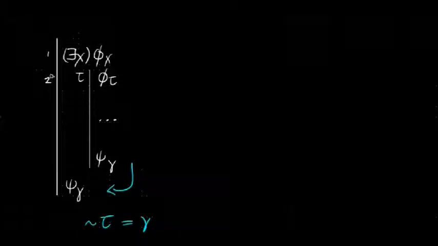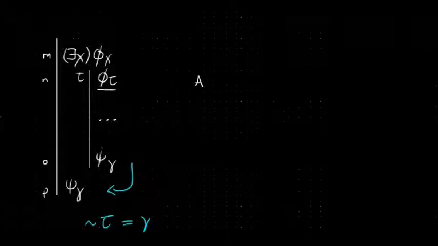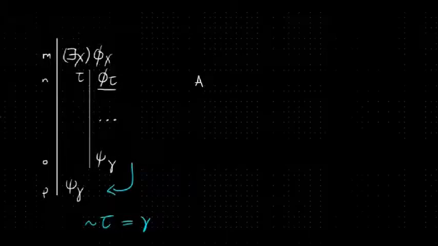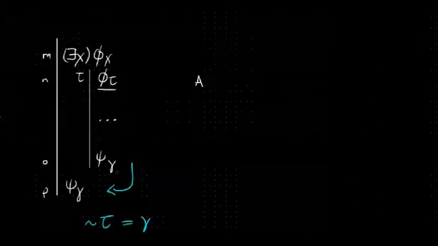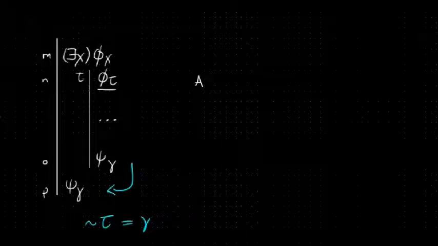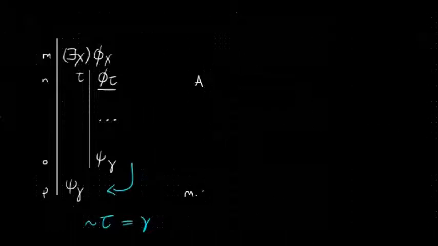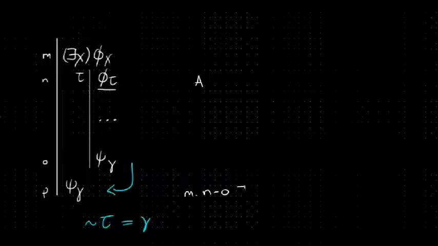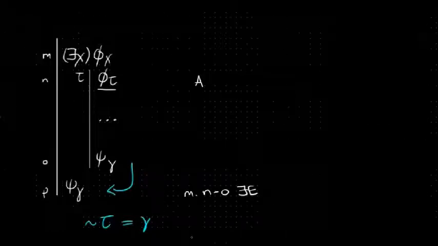Okay, in fact, let's do this M, N, O, P. Oh, and that's an assumption, sorry. So assumption, it's not clear how we get to this, but we derive this formula from our assumption, and this formula has to involve no instances of our parameter tau. Then on this line we can have M, N to O, existential elimination.